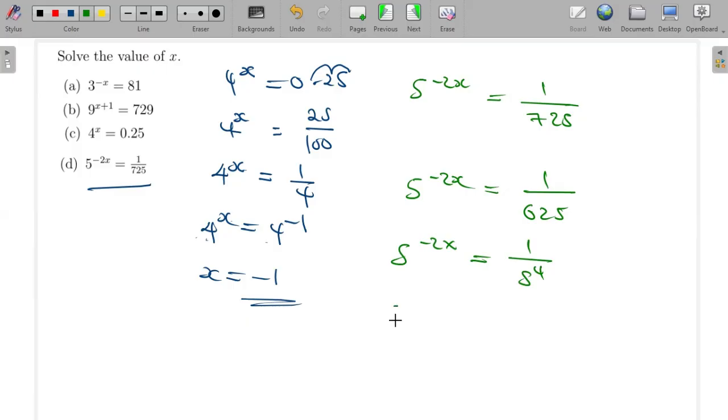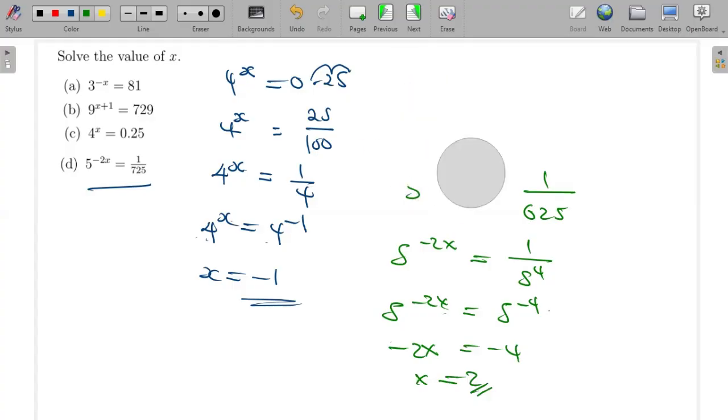Then here I can write 5 to the negative 2x is equal to 5 to the negative 4. And then I just equate the exponents since they have the same base. So it will be negative 2x is equal to negative 4. Divide by negative 2 both sides, I get x is equal to 2. Okay, so this is if it was like this. But then let us take it the way it is, the way it has been given.